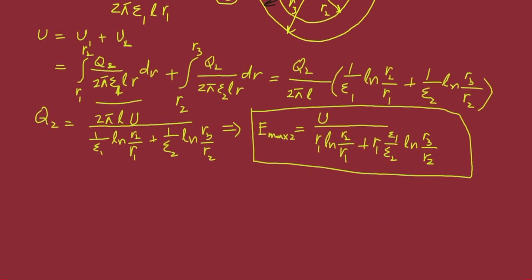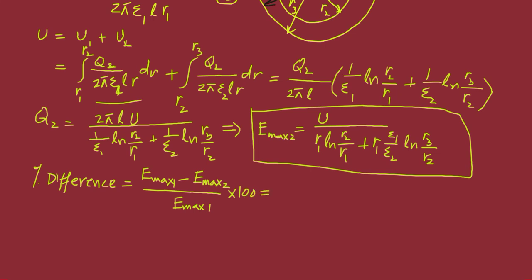Okay, now we will find the percentage difference. So percentage difference of maximum electric field, that will be E max 1 minus E max 2 divided by E max 1 multiplied by 100.